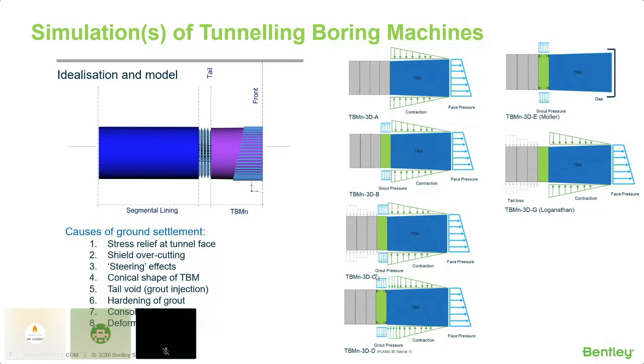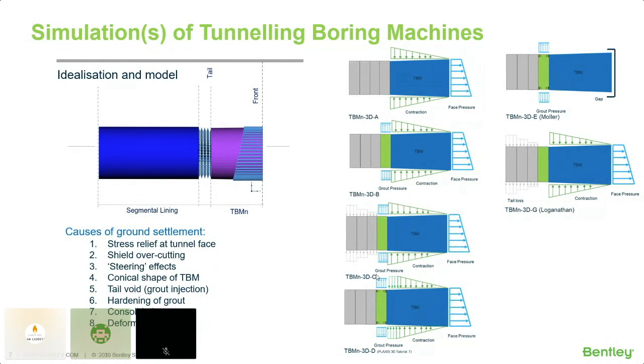But a few very accurate or popular models are Moller's model and Loganathan's model. In Moller's model, Moller only models the gap between the tunnel lining and the excavated surface, and uses the grout pressure for deformation.